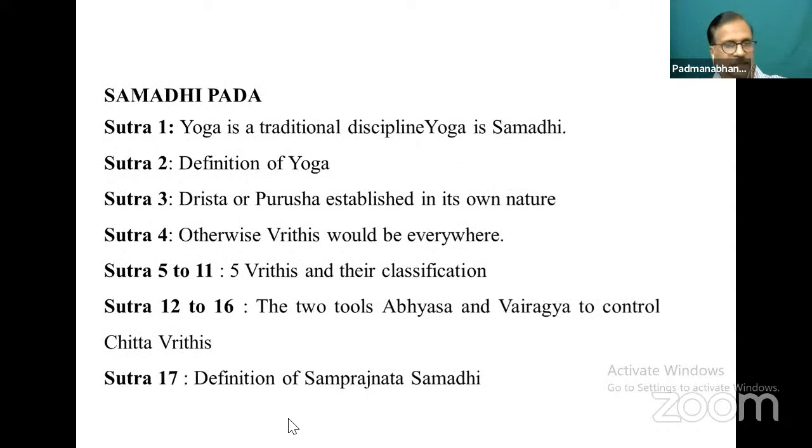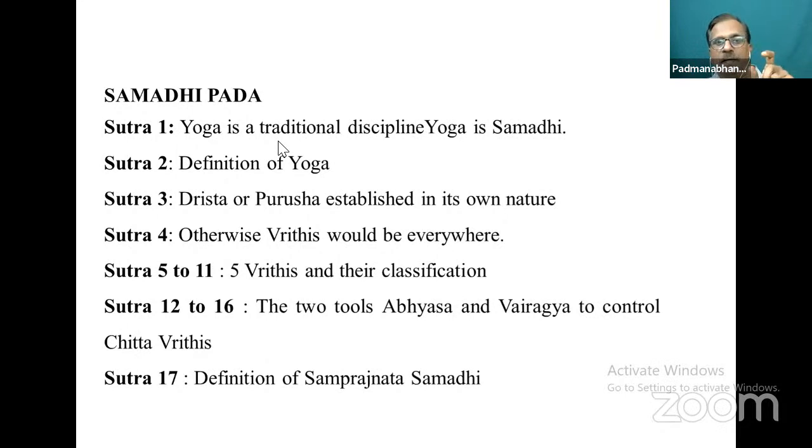Then this categorization, this systematic sequence of the sutras, you have to remember very clearly. Okay. So first, sutra number 1, Samadhipada. It is Atha Yoga Anushasanam. This Anushasanam is a traditional practice. Then Atha Yoga, now, here and after.